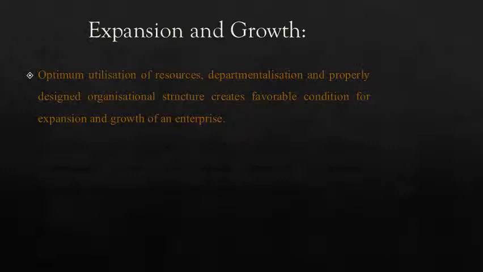Departmentalization also helps in saving time, and efficiency increases. This all will lead to the expansion and growth of the organization, because there won't be any kind of wastage of human or non-human resources. In addition to this, organizing will provide different kinds of organizational structures which will create favorable conditions for the expansion and growth of an enterprise.